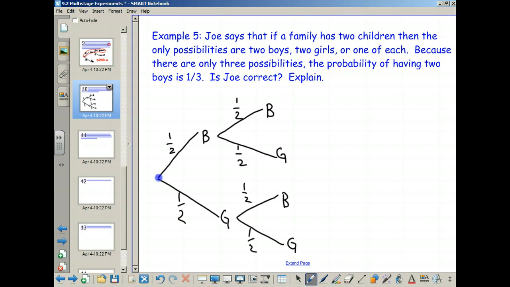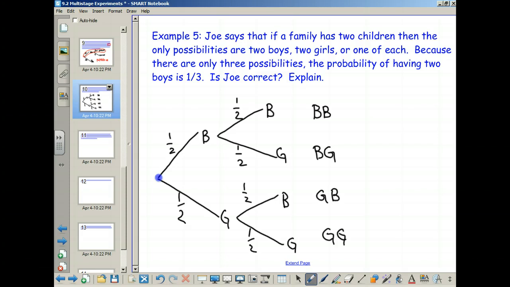Are there really only 3 possibilities? No, there's only 4 possibilities, right? There's a possibility that we have boy, boy, which he acknowledged. There's a possibility we have a boy and then a girl. There's a possibility we have a girl and then a boy, or a girl and then a girl.